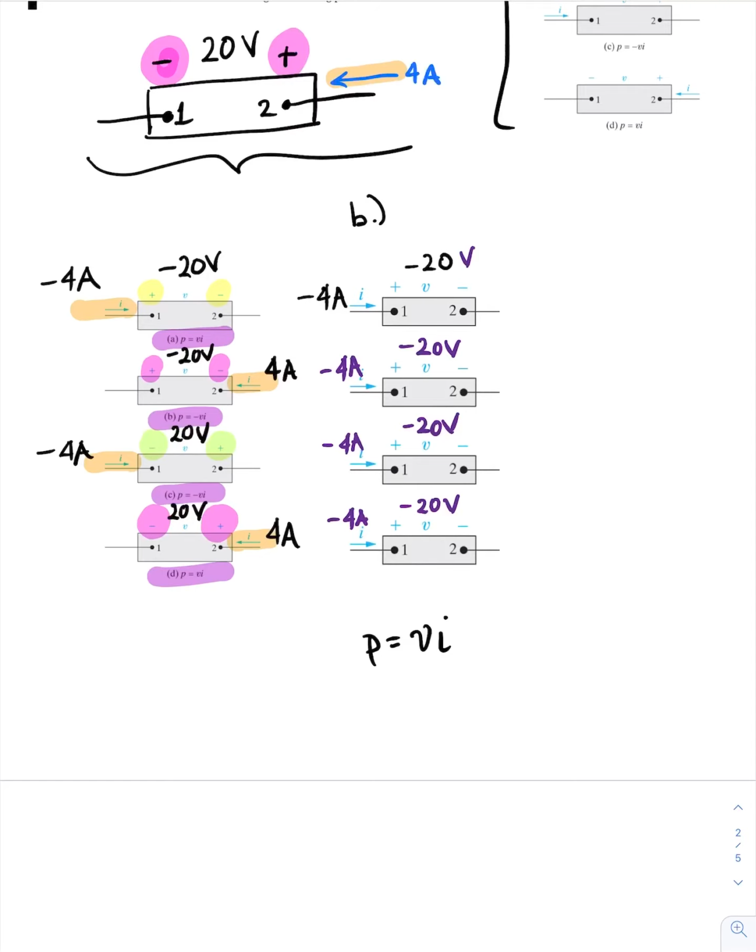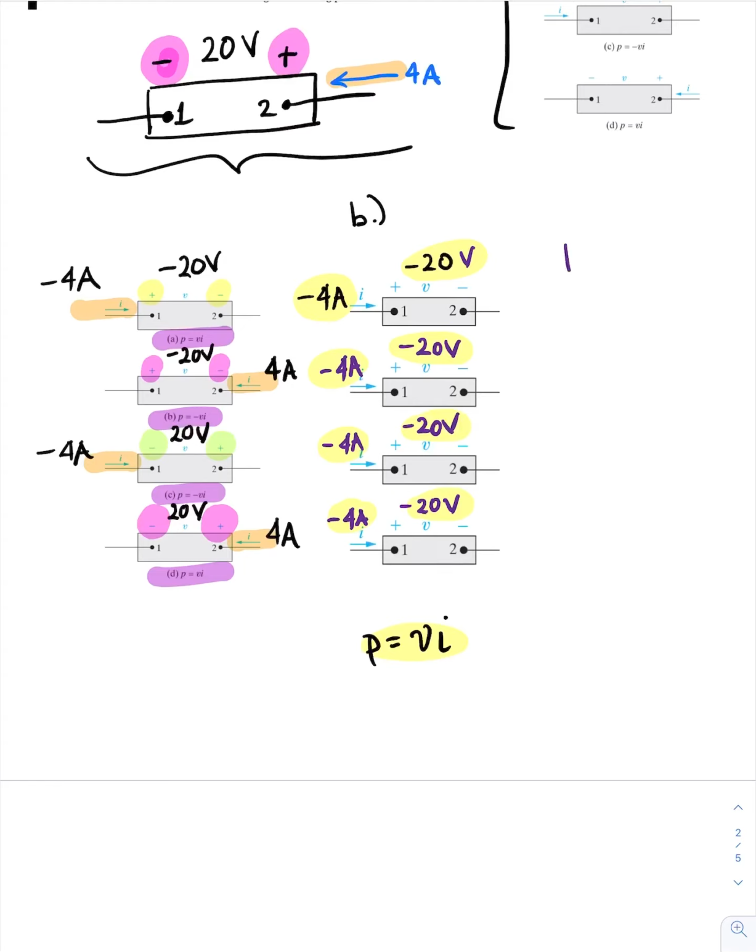Now you will notice that in all four circuits, once you changed it to the passive circuit element, they all have the same value, and we can use one equation.